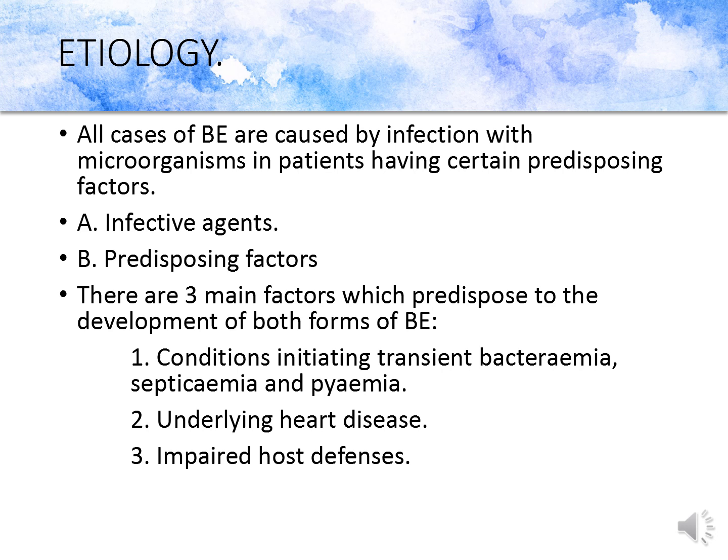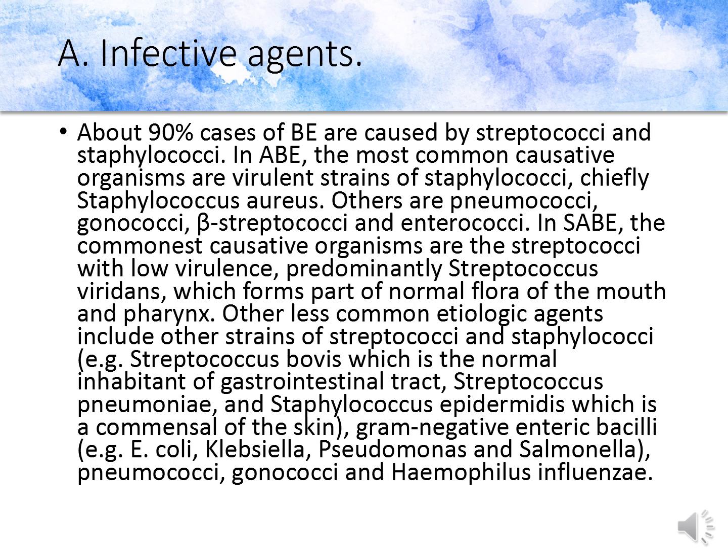There are 3 main factors which predispose to development of both forms of bacterial endocarditis. First, conditions initiating transient bacteremia, septicemia or pyemia. Second, underlying heart disease. And the third one, impaired host defenses.